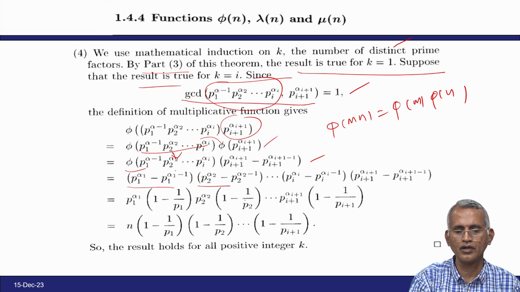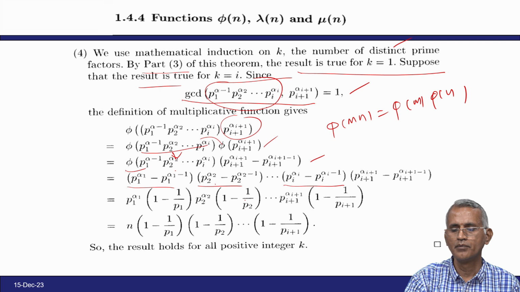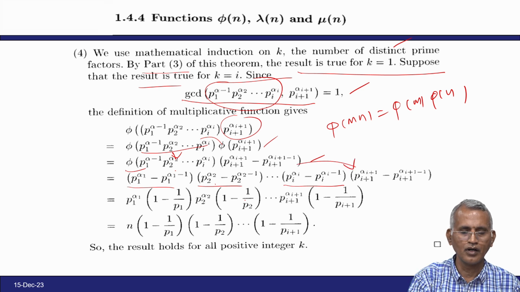So we can write p1^alpha1 minus p1^(alpha1 minus 1), p2^alpha2 minus p2^(alpha2 minus 1), and so on, pi^alphai minus pi^(alphai minus 1), into the last term with p(i+1). Now, every term we multiply and take common the first term p1^alpha1, so that p1^alpha1 into (1 minus 1/p1) of this term will come.